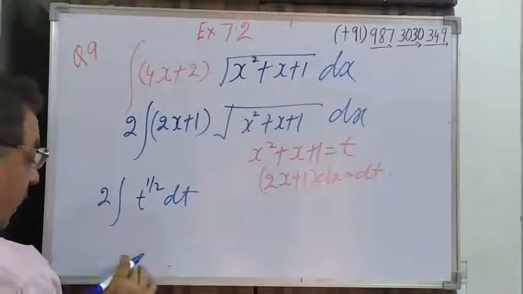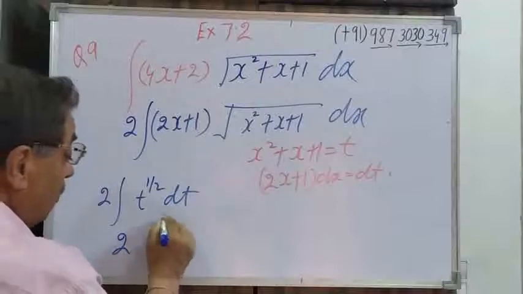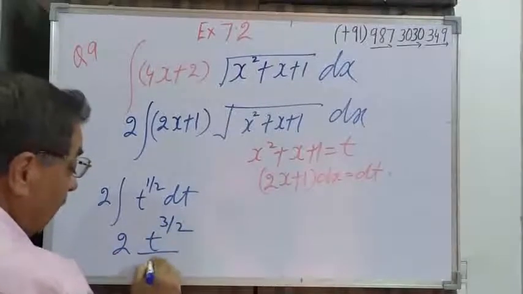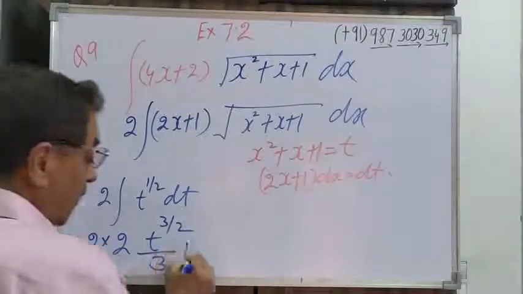Now if we integrate it, it is very easy: 2 t raised to power 3/2 divided by 3/2, plus c.